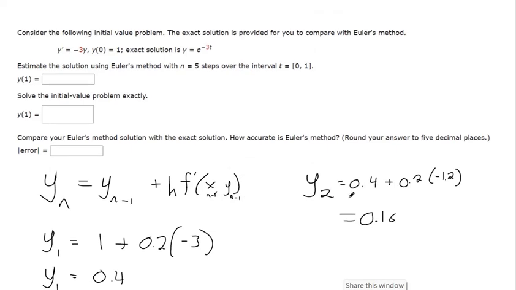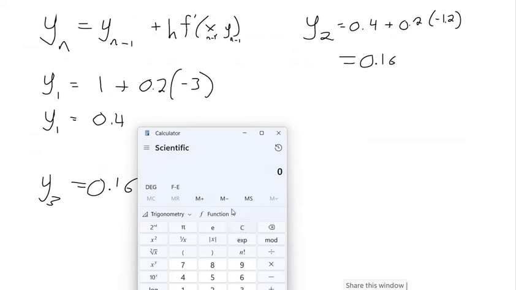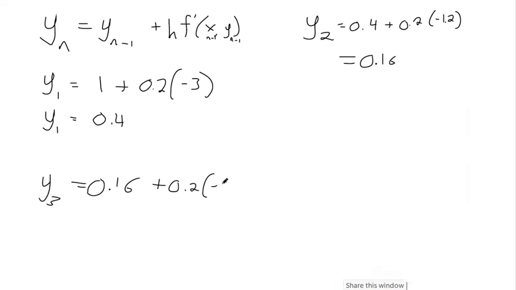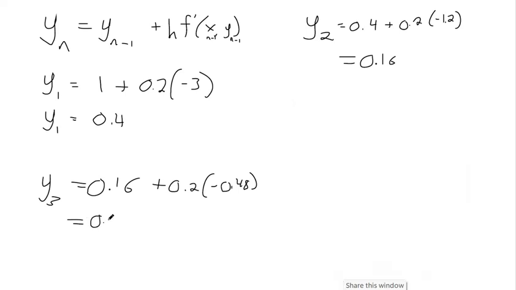So we're plugging in 0.16 in for y, so negative 3 times 0.16. That's negative 0.48. That's negative plus 0.16, so we got 0.064.